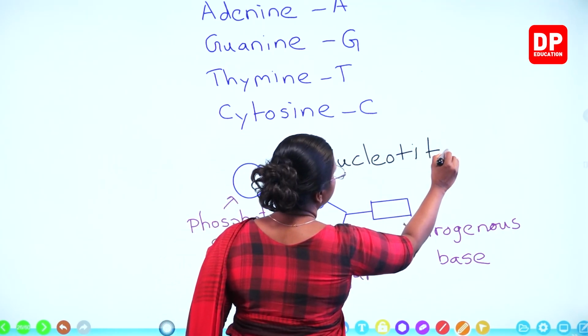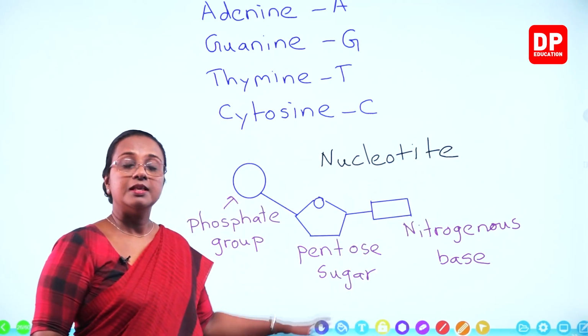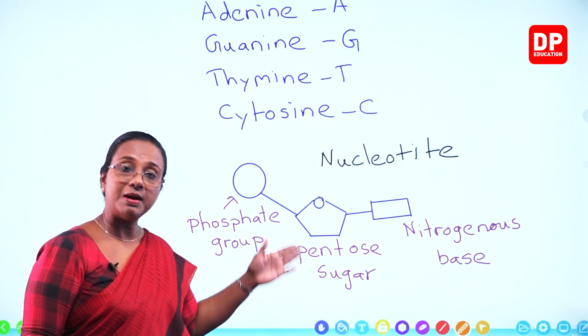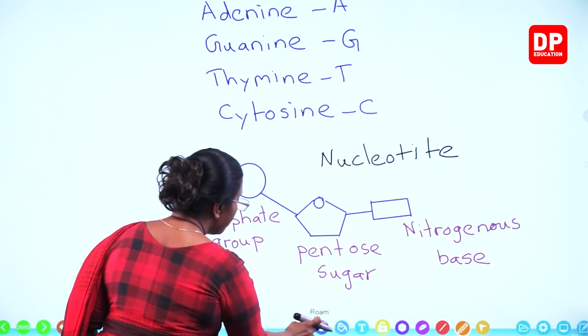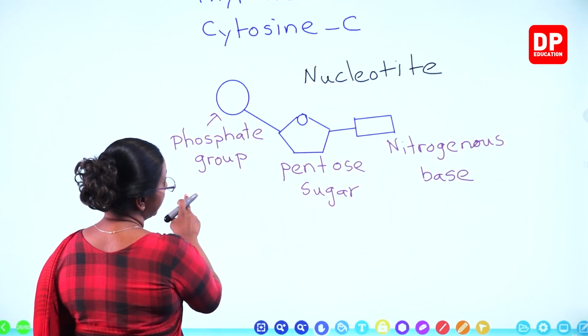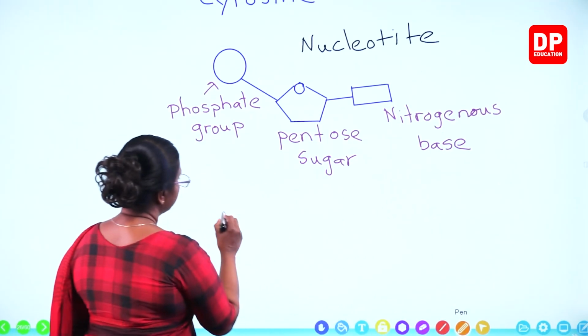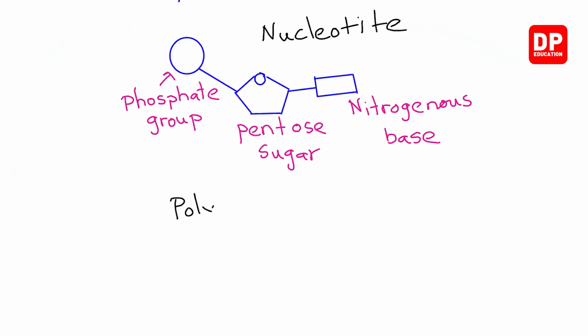Then what happens? These nucleotides combine together and form polynucleotide chains, so they form a polynucleotide chain or strand. We can say strand.